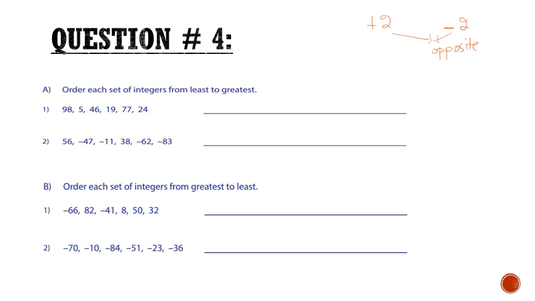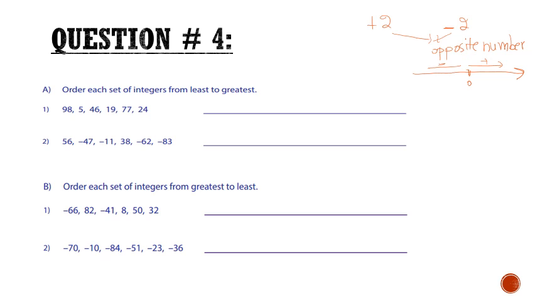Why? Because they have the same abscissa but different sign. Okay? You have to know also that I have an axis of abscissa. Everything to the right of 0 is positive. Everything to the left of 0 is negative.